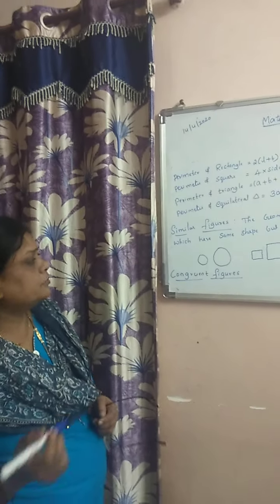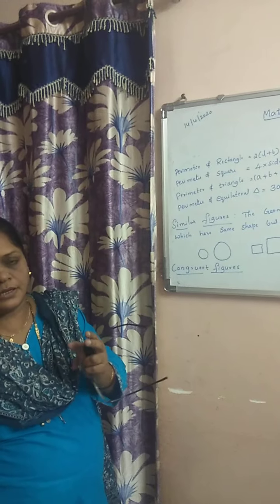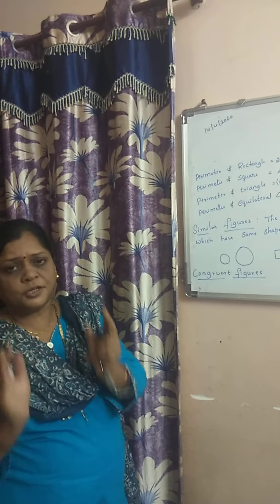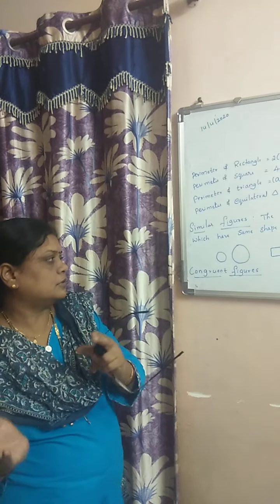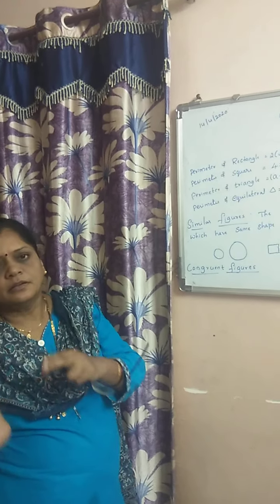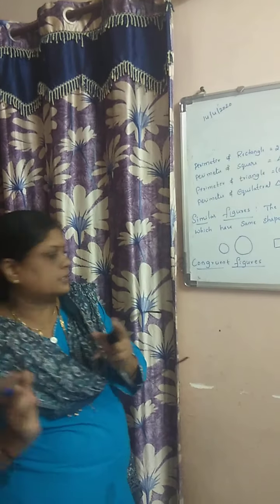Yes, congruent figures means what? Two geometrical figures are said to be congruent when they have both the same shape and the same size. Okay.